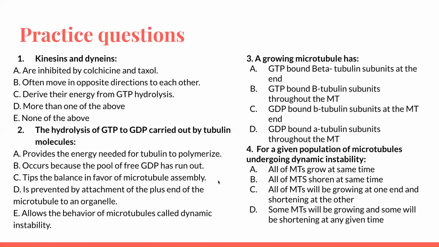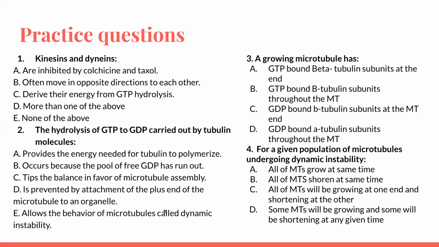Cool. All right, number 2: hydrolysis of GTP to GDP is carried out by tubulin molecules. And this does what? Anybody?